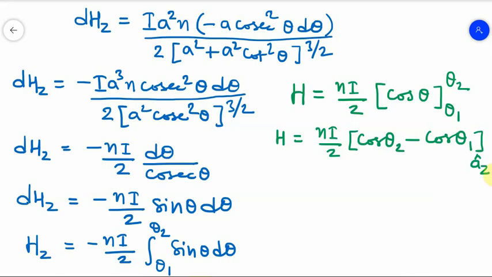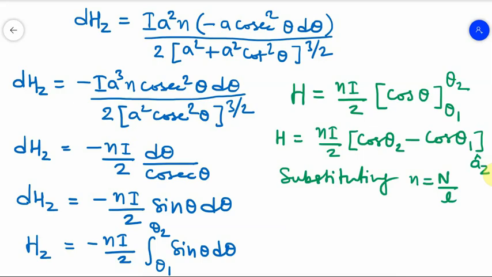Now substituting here, n equals N upon L, meaning number of turns per unit length equals number of turns upon the total length.